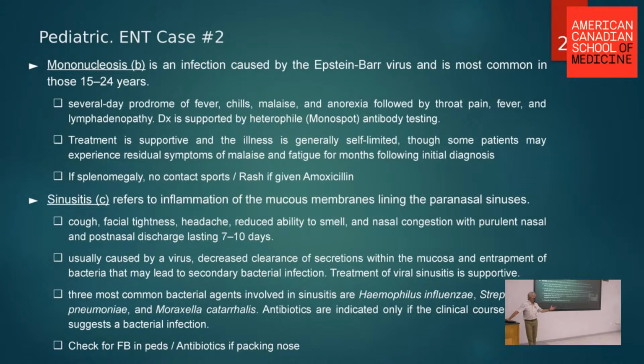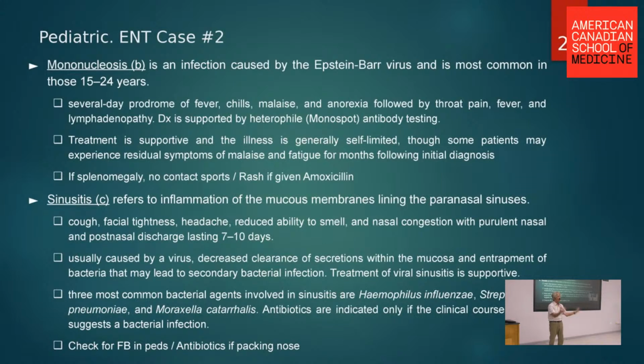You can do a simple blood test. It's called a monospot or a heterophile antibody, and you get the diagnosis right away. If you don't have access to that test, on a CBC you'll see a lymphocytosis. Remember we said yesterday, with a bacterial infection, you see a lot of leukocytes, you see a lot of immature cells, what we call bands, bandemia.